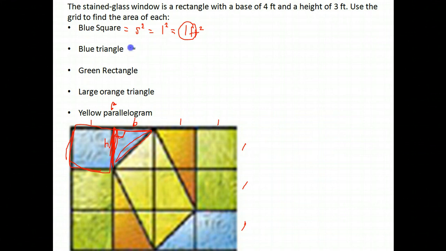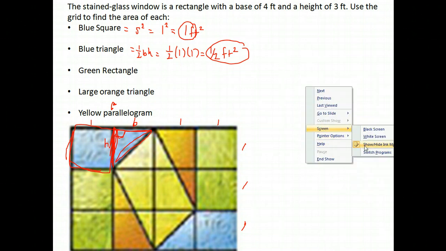Area of a triangle is 1/2 base times height, or base times height divided by 2. Now our base is 1 unit and our height is 1 unit, so we have 1/2 times 1 times 1, which, 1 times 1 is 1, times 1/2 is just 1/2. So the blue triangle's area is 1/2 square foot.